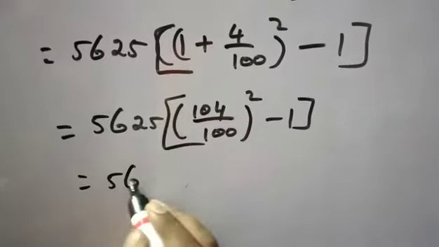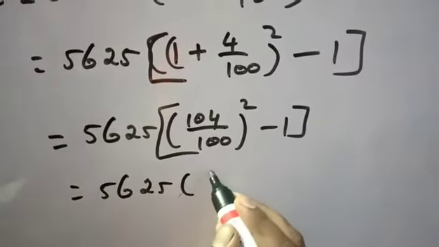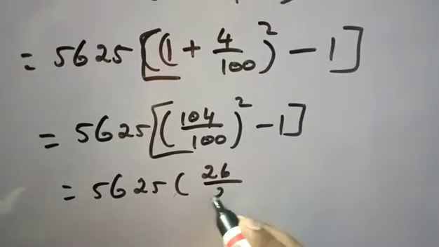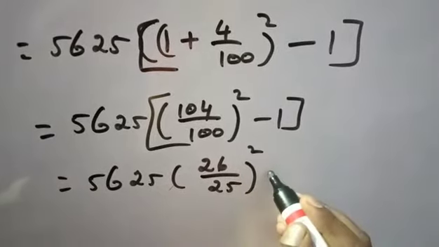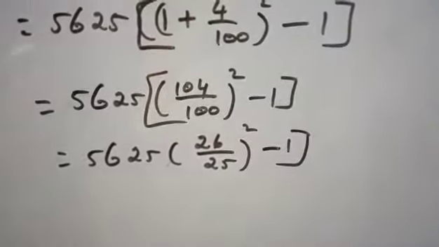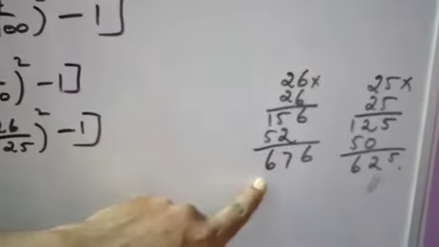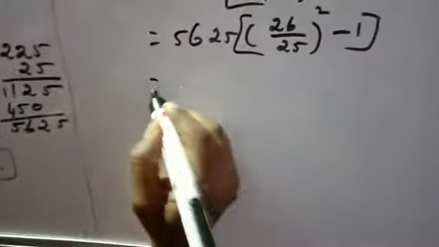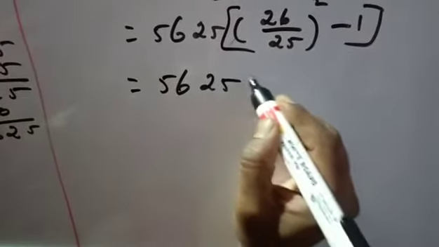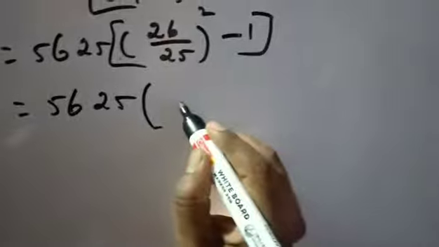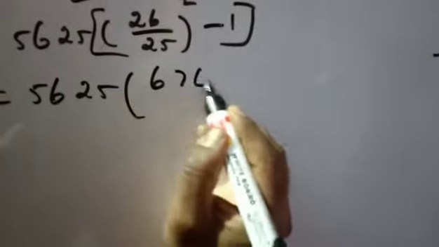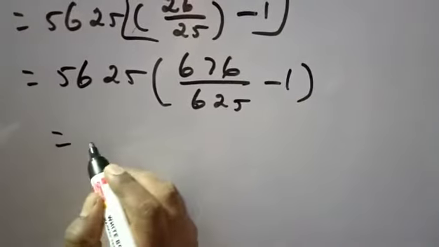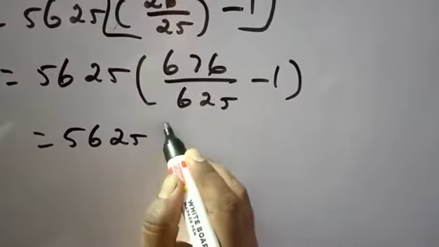So equal to 5625 into (26 by 25) square minus 1. We multiply 26 into 26 equals 676 and 25 into 25 is 625. So now coming here, 5625 into 676 by 625 minus 1. We can take LCM as 625.